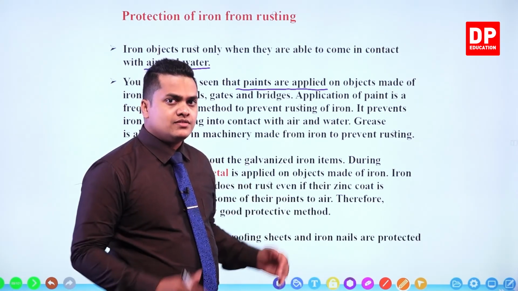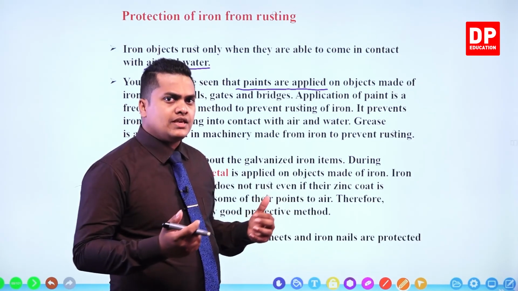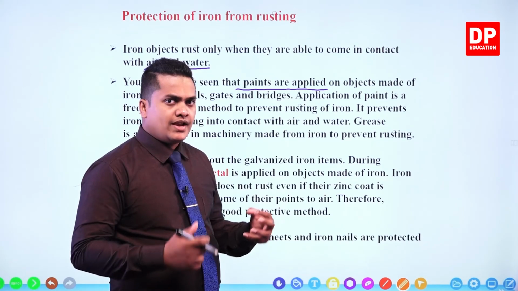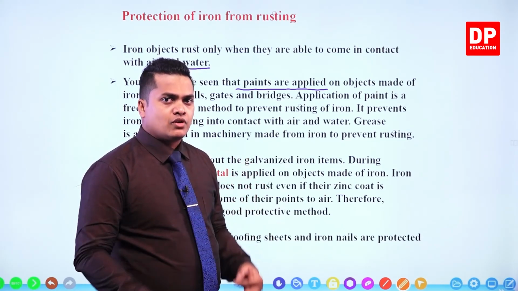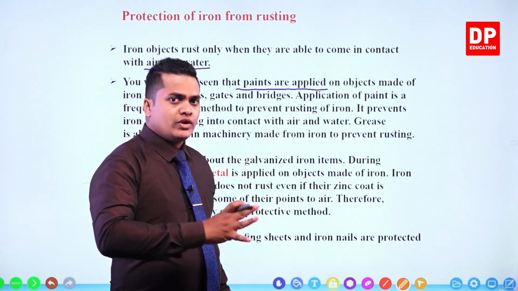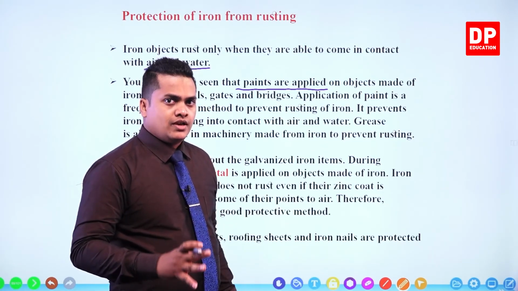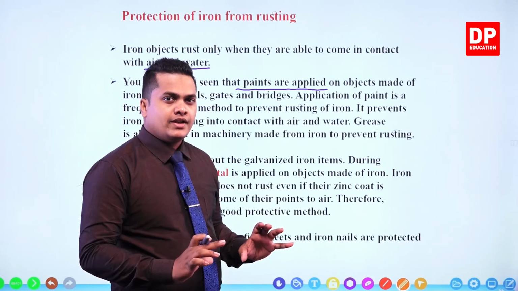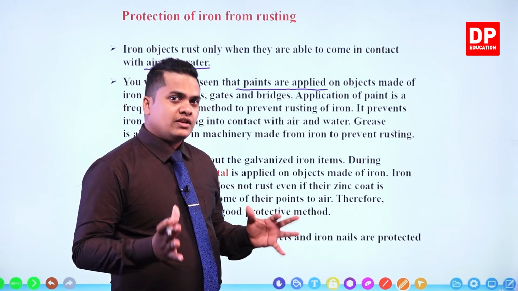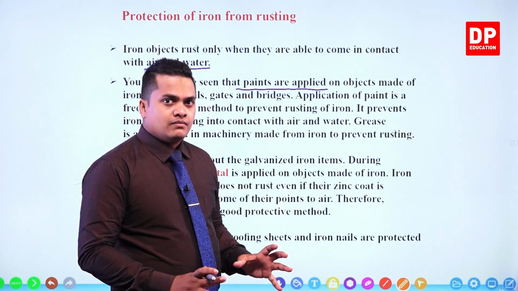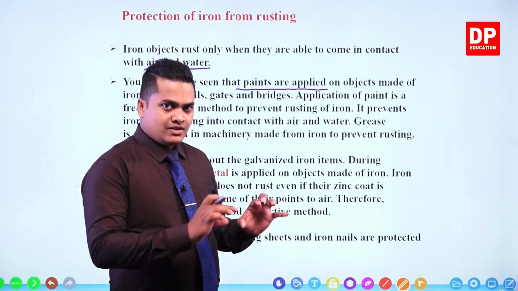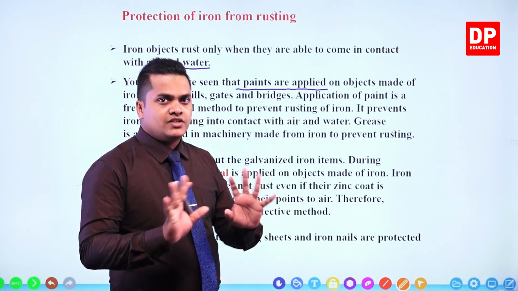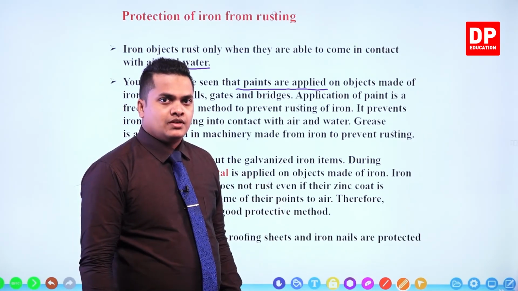It's because the zinc attracts all the oxygen, water vapor and moisture, and it protects the iron from rusting. Even if it scratches and removes the zinc layer, not totally but up to a certain level, right? If it's totally removed, then definitely it will rust. But I'm talking about several places; if there are several scratches, then it's okay, no problem.